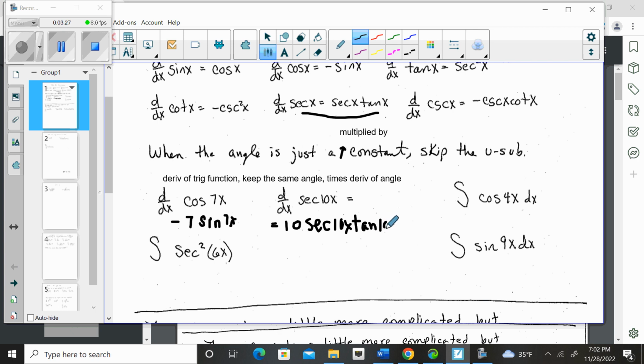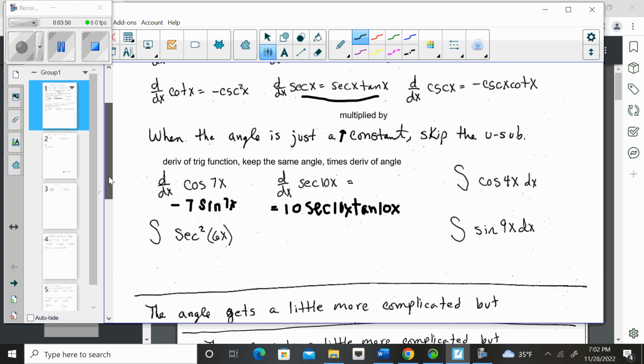Okay, so you should notice commonalities in these. Notice how every time I do these, the angle ends up being the same. I'm finding the antiderivative or the derivative of the function, right? But I always end up with the same angle. So moving on to antiderivatives.